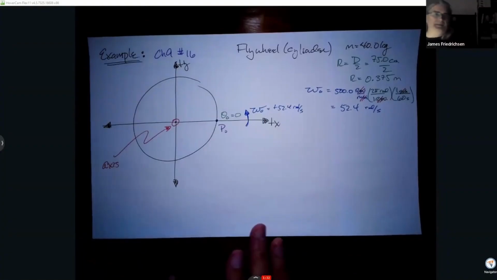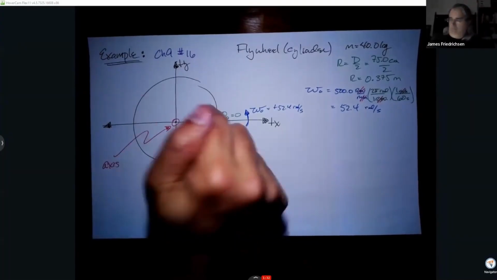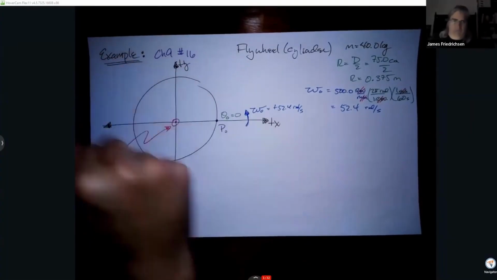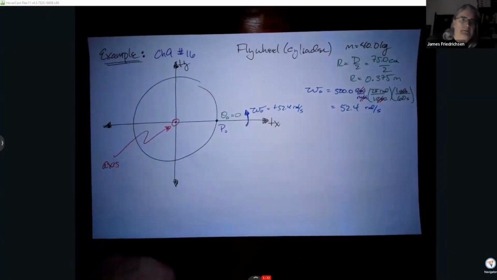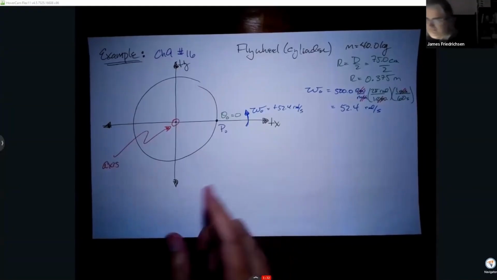Now the next thing is that we're going to draw a representative diagram. We do not want to draw an exact diagram, and the reason for this is that our next point was after 200 complete revolutions. We're not doing that. That's ridiculous. So I'm going to pick a new spot here.